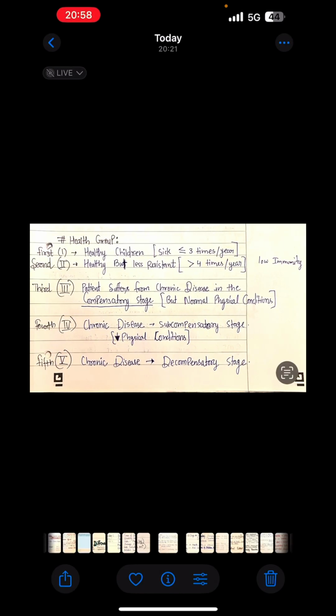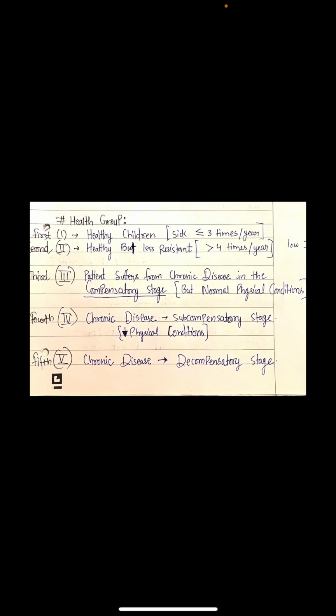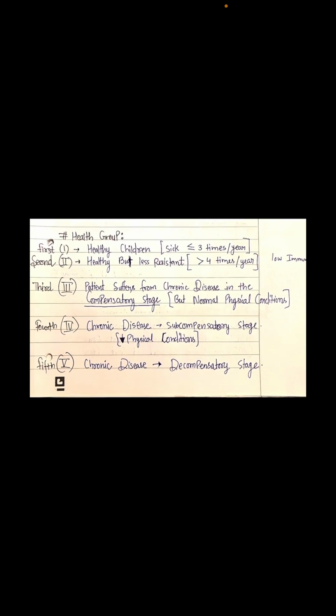Now the third, fourth and fifth health groups are more towards severity. In the third group, the patient suffers from a chronic disease in the compensatory stage. For example, the patients have chronic diseases, chronic pathologies, but they are still able to do daily routine activities, the physical activities normally.